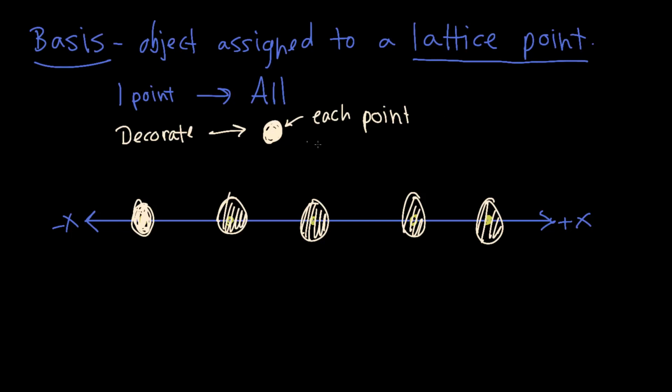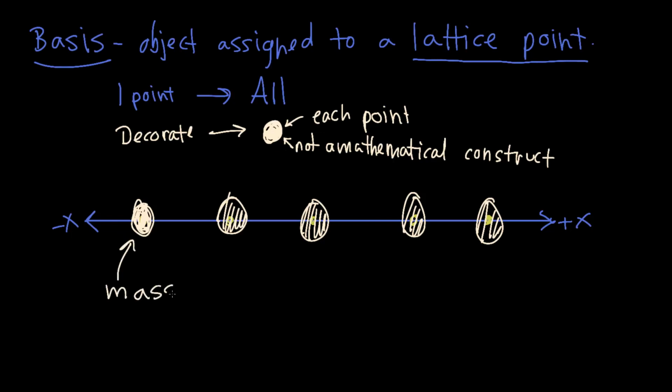The object in our basis is not constrained by the same rules that lattice points are. This is not a mathematical construct. What I mean by that is this can be a real object. This object can have mass, can have volume. It can be made up of other smaller objects, protons and electrons and neutrons.